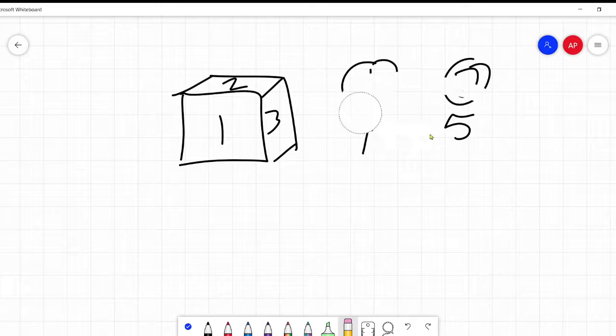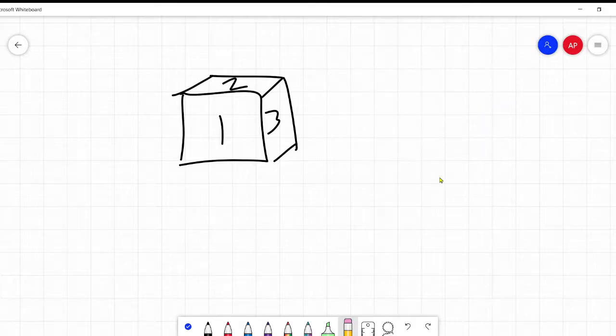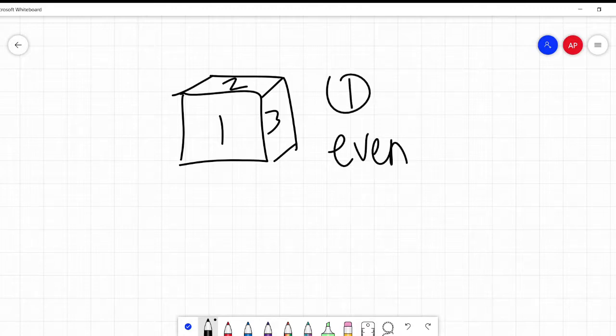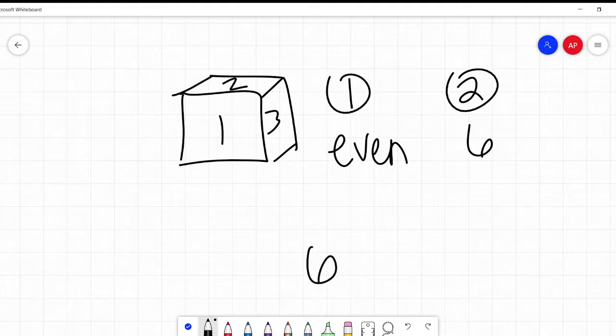Okay. What if I changed it a little and said, I want it to be on my first roll, I got an even number, and on the second roll, I got the number 6. Same principle applies. Okay, on my first roll, there are 6 possible options. How many of those are even?